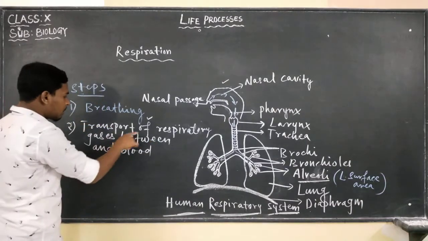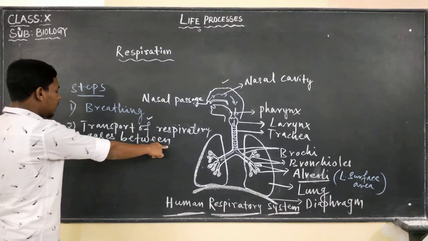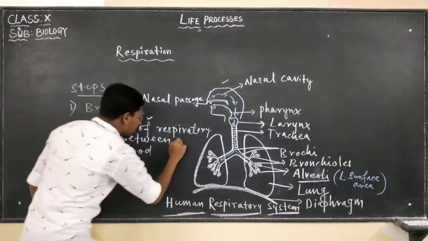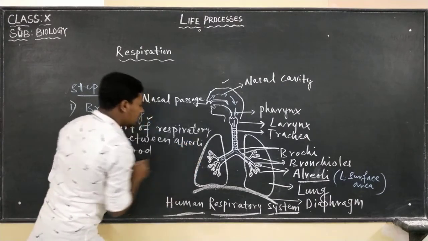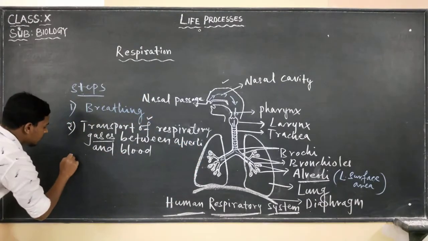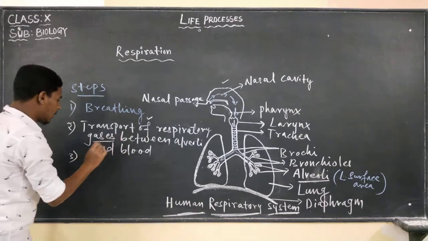Transport of respiratory gases between alveoli and blood, is the second step, and the third step is transport of oxygen through blood.